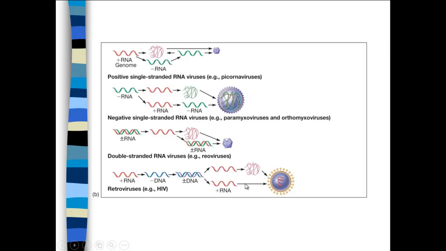Or it can make more retroviruses. Okay, retroviruses like HIV are particularly insidious because they can make double-stranded DNA, and double-stranded DNA can incorporate into your own genome, and it's very difficult to get out.